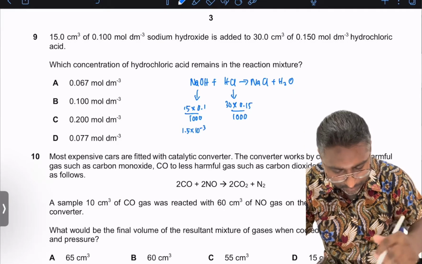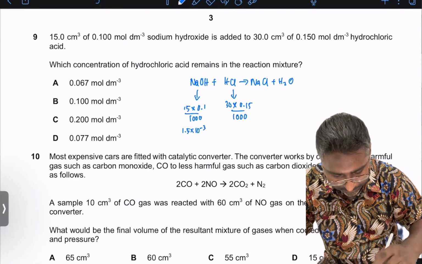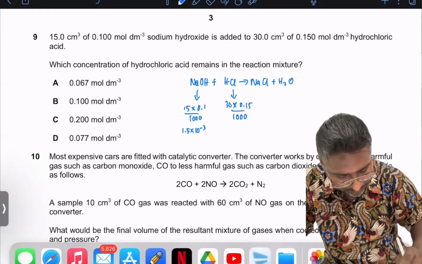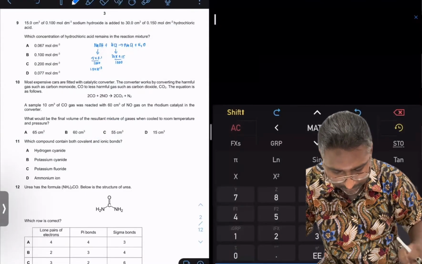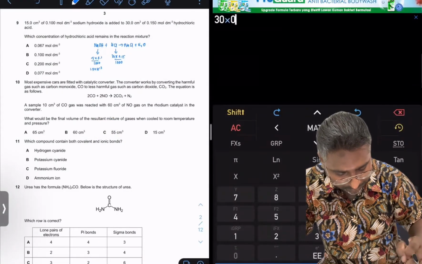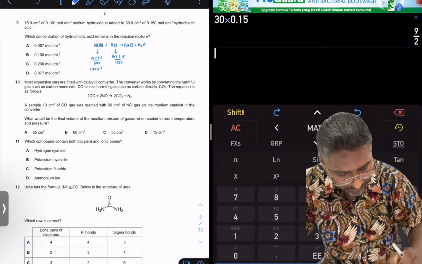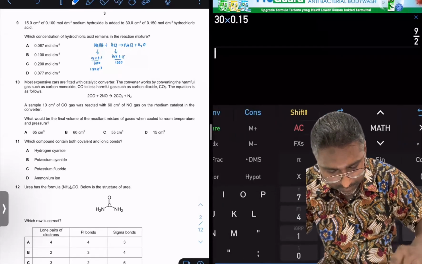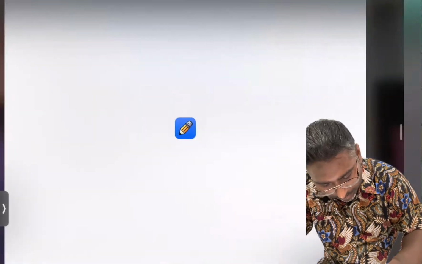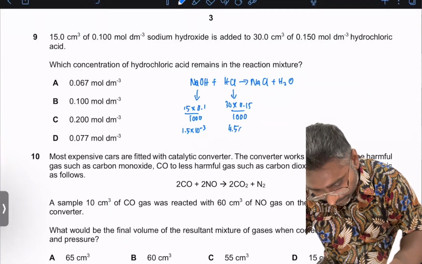And then for this one, 30 times 0.15, that's 4.5, so this is 4.5 times 10 negative 3.